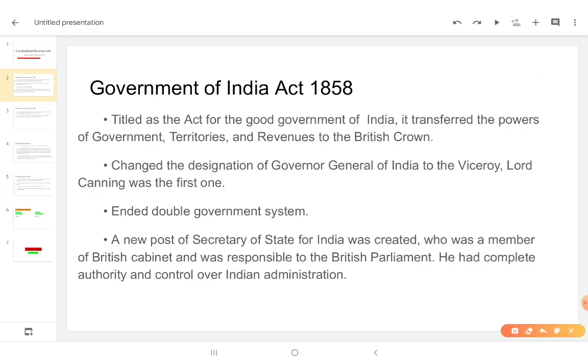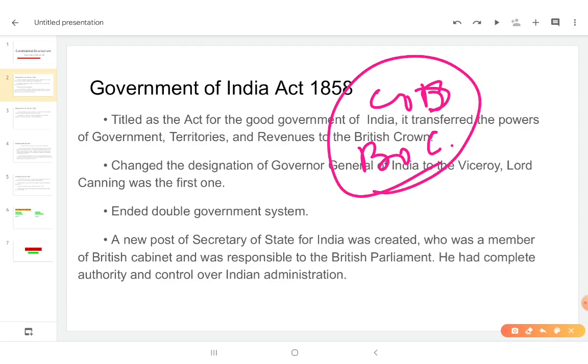Now, we all know that through the Act of 1784, two bodies were made: the Court of Directors and the Board of Control. This system was called dual government.